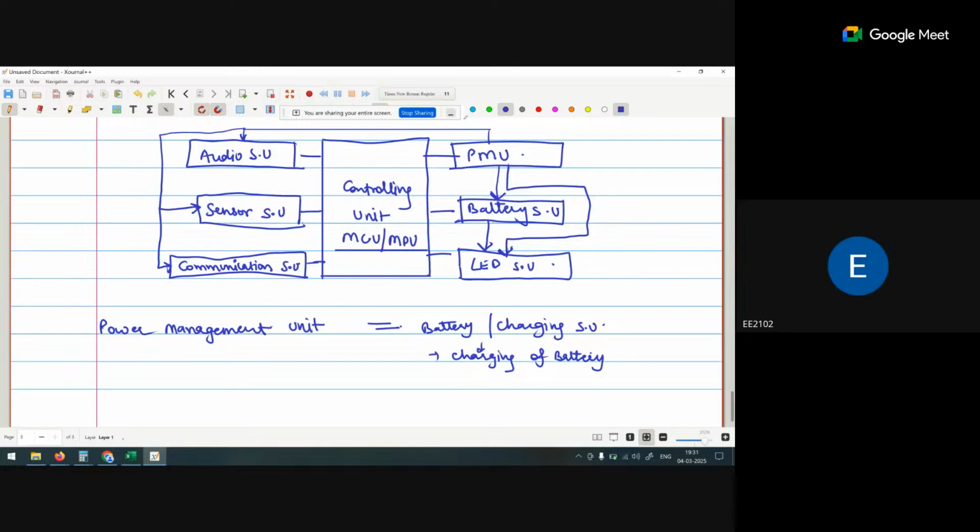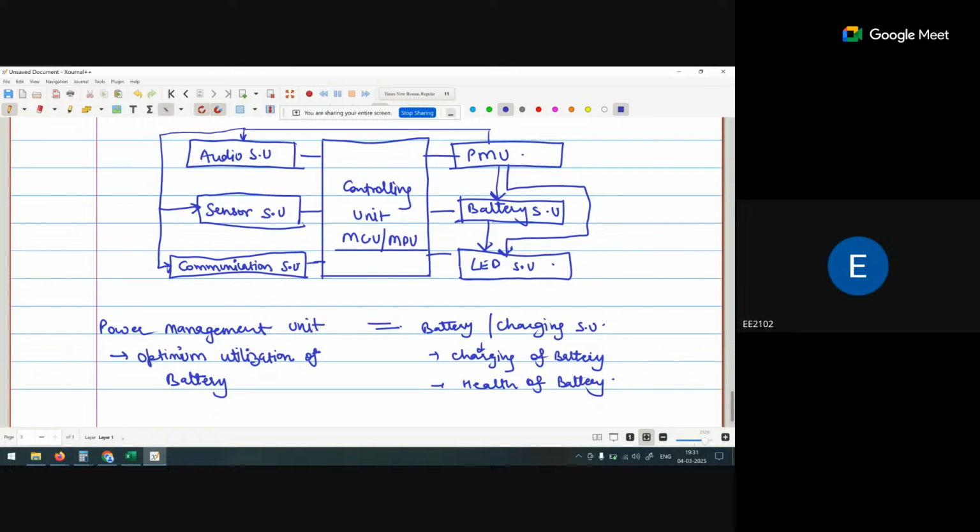and the health of the battery. Whereas the power management unit will be responsible for the optimum utilization of the battery.